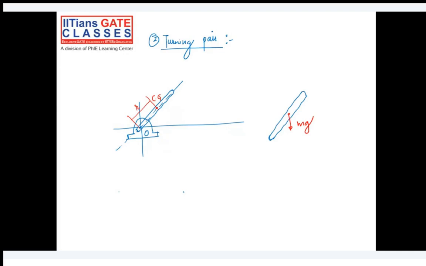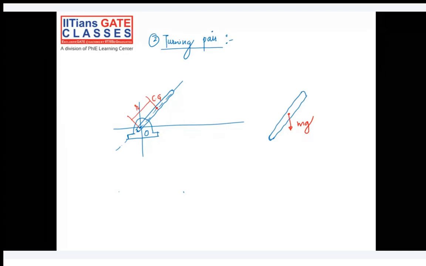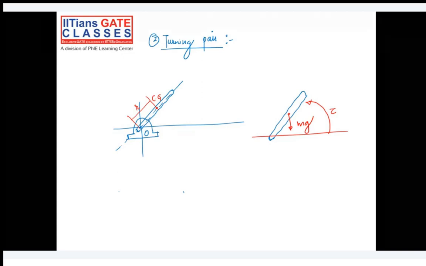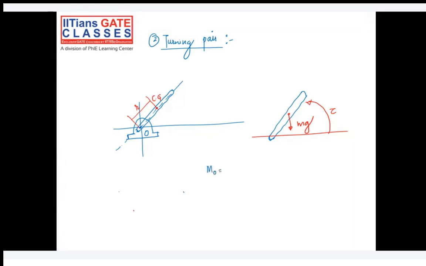Let's suppose you are applying some torque in order to move, let's say tau is the torque, in order to turn this pair in the counterclockwise direction.